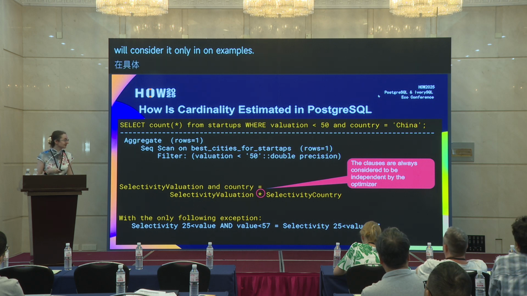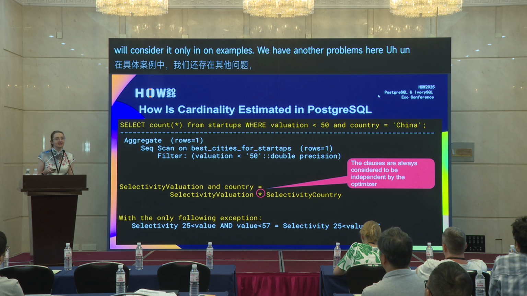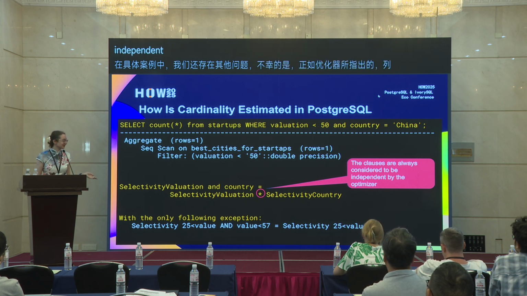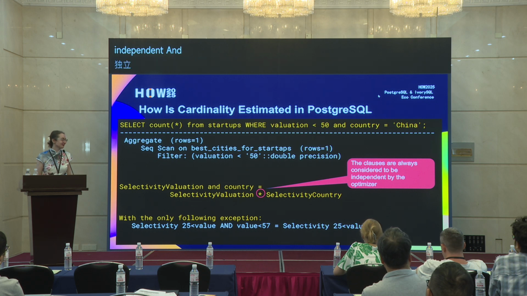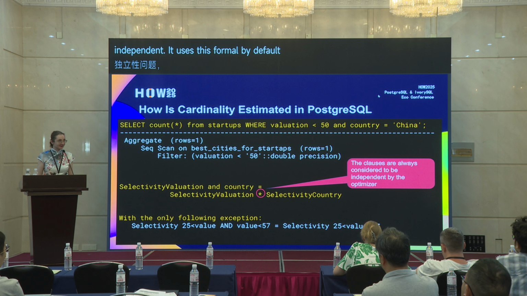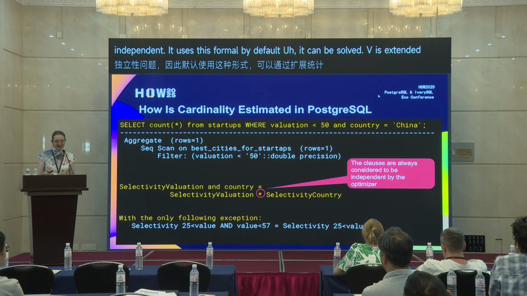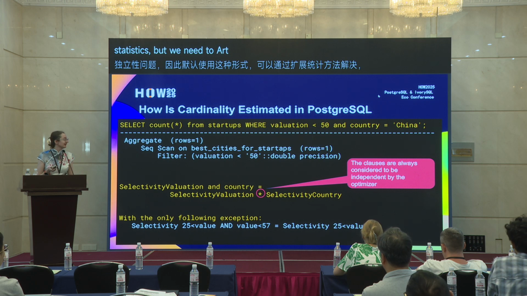And we have another problem here. Unfortunately, the optimizer believes that the data in columns are independent, and so it uses this formula by default. It can be solved with extended statistics, but we need to add information about it.